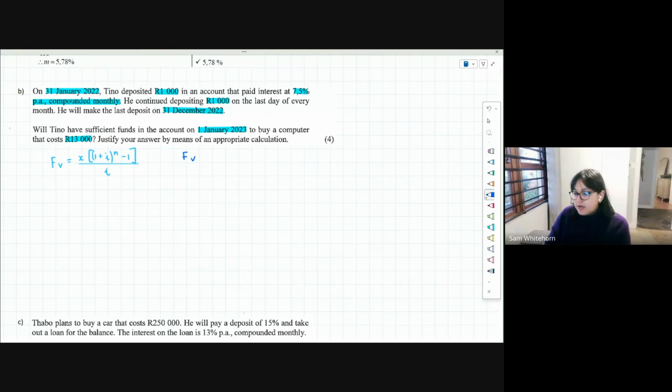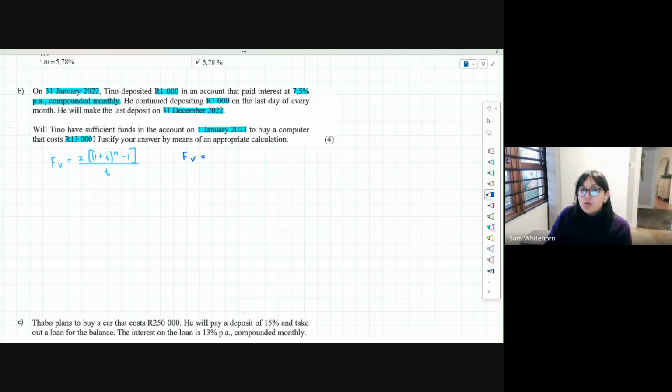So we've got future value. What are we trying to save up for? We're trying to save up for our laptop. But our goal, whilst it is the 13,000 Rand, the question is asking, will he have that amount of money? So we're not going to use the 13,000 Rand, because we don't yet know if these 1,000 Rand deposits are actually going to get us to 13,000 Rand.